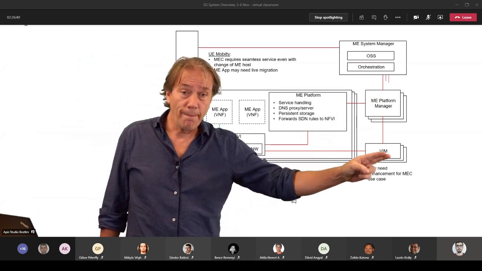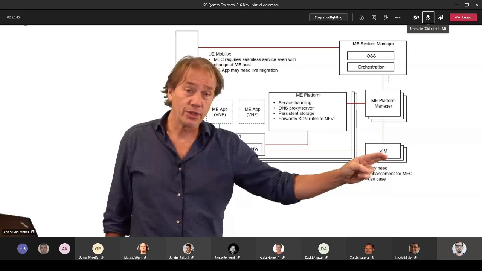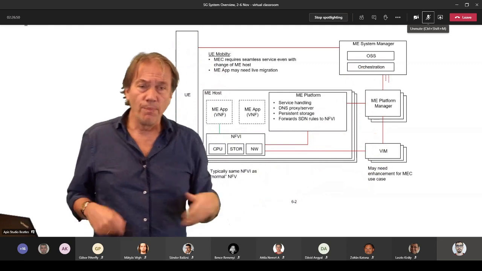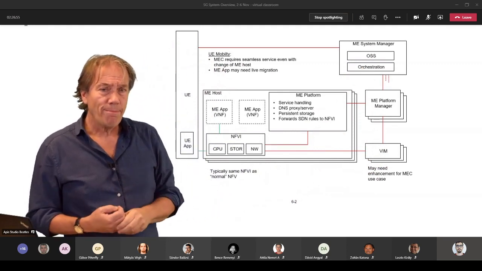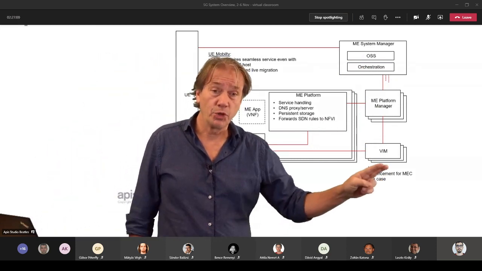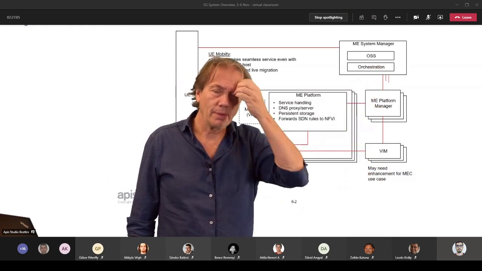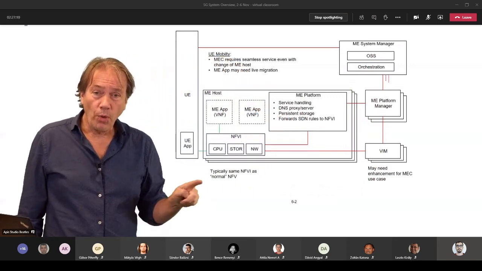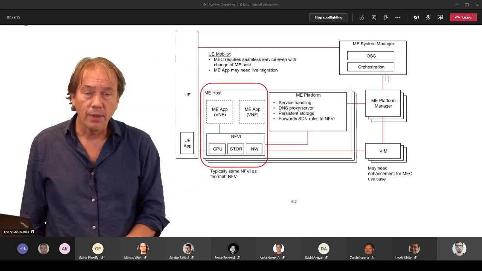There's a VIM, a virtualized infrastructure manager, that manages the virtualized infrastructure. And if you are familiar with the NFV specifications from ETSI, you will recognize the VIM. Well, you will see similarities here. Anyway, what we have here, I think this is the interesting part.